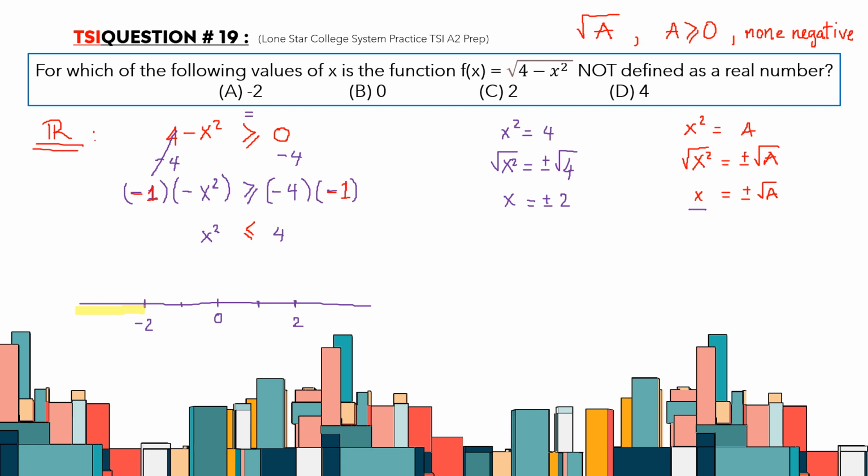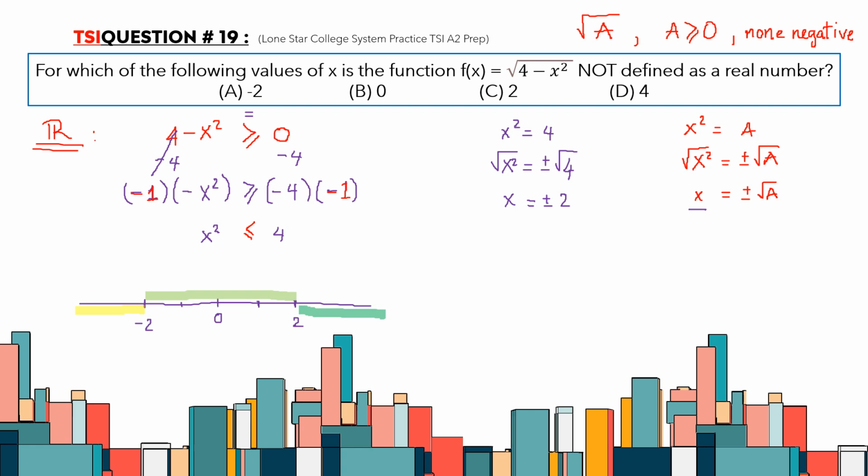The second interval is here. And the third interval is here. So we have a yellow region, a light green region, and then a dark green region.